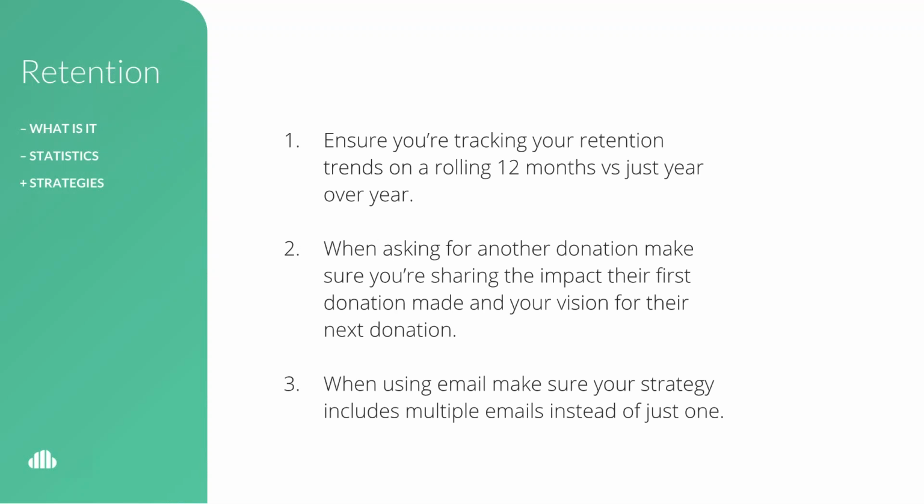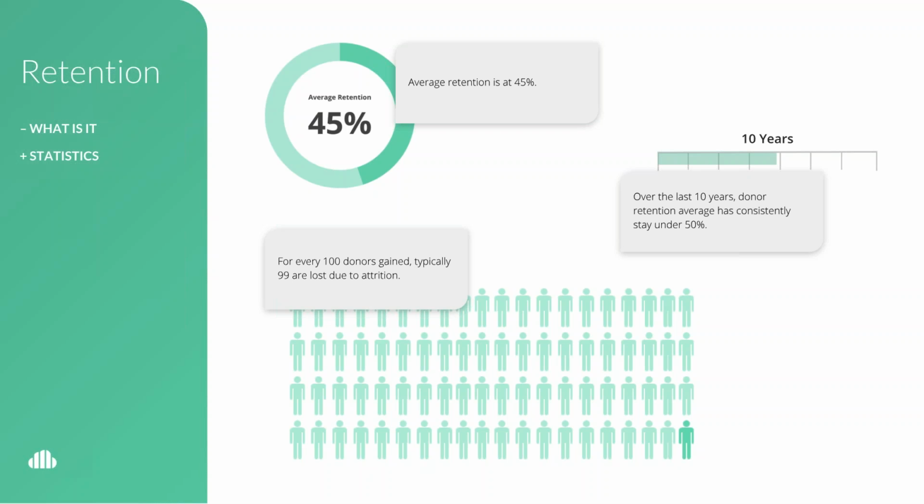Let's go over a couple of key stats real quick. The average retention rate across most nonprofits is 45%, so most nonprofits are losing 55% of their donors each year. Another interesting one is that for every 100 donors gained, typically 99 are lost due to attrition.